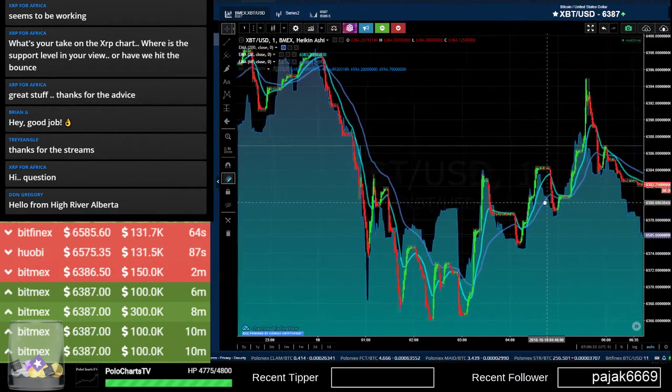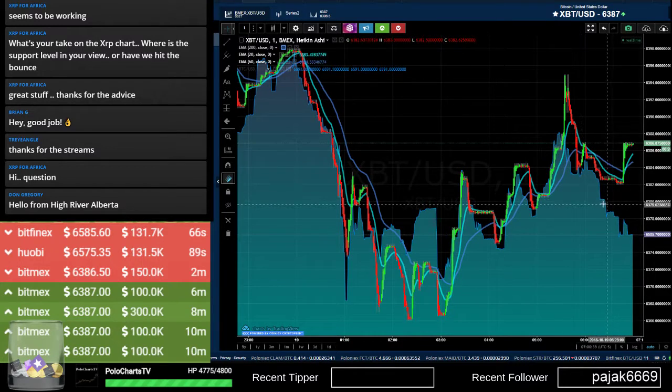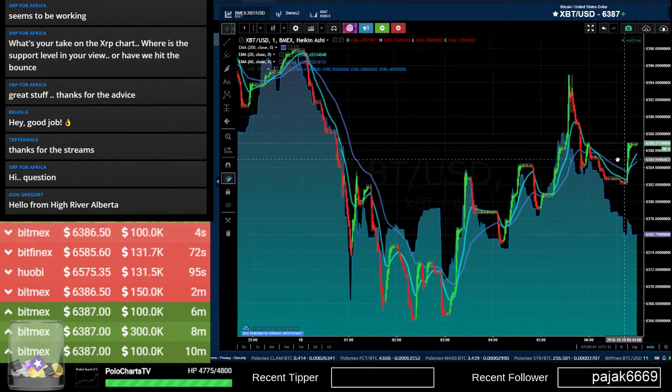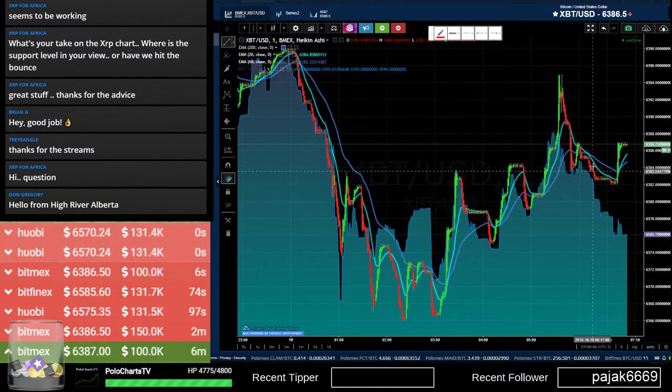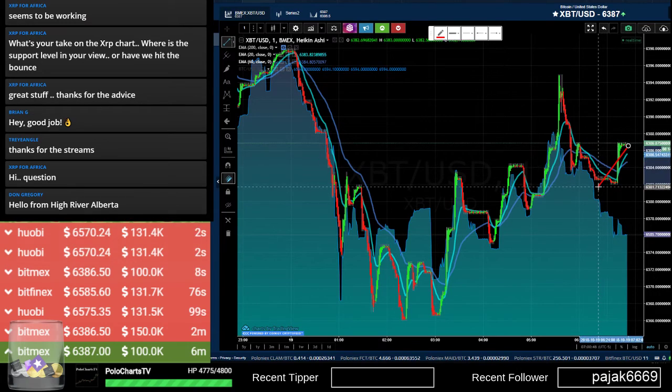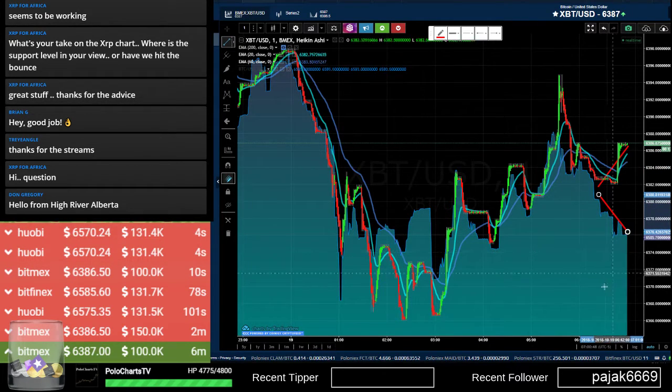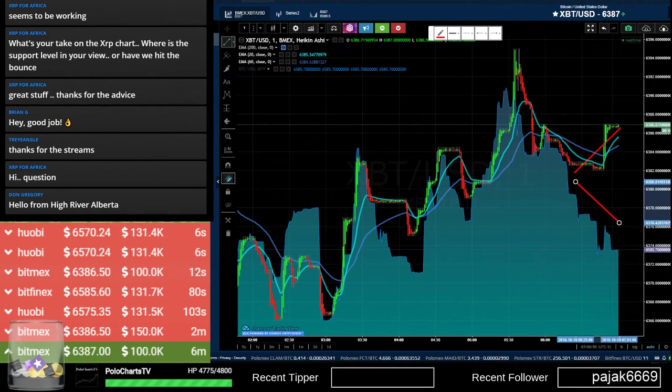And there we're diverging again, where BitMEX is showing strength and Bitfinex is showing weakness. Love to see that. And it's just over, I don't know, about a half an hour worth of time.